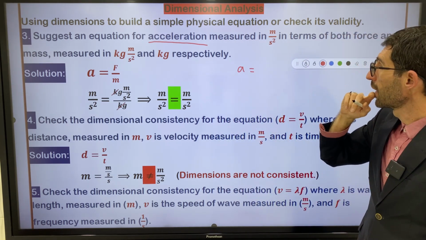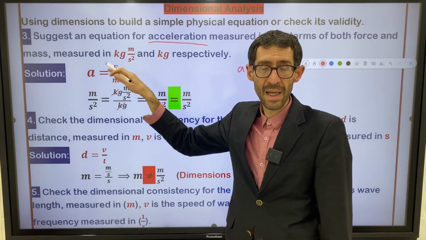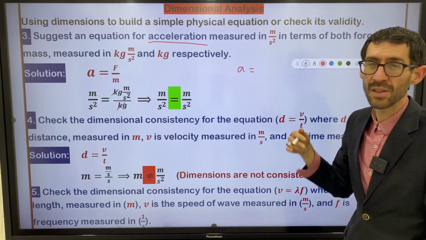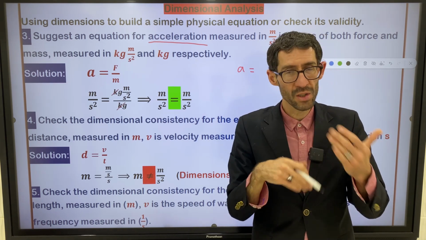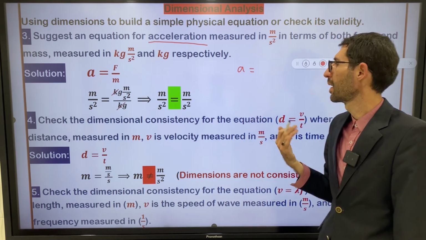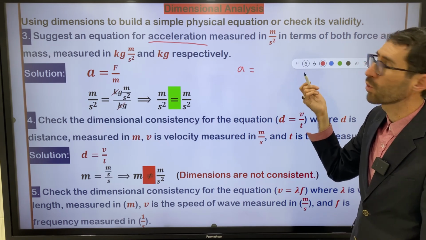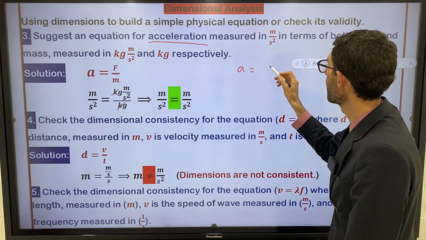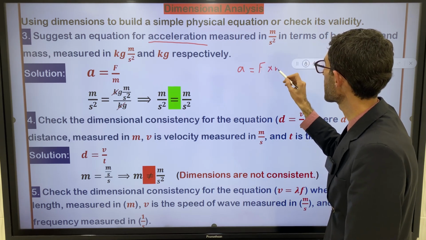Don't look at the answer. Let me try a wrong trial. I want to try a wrong trial. I know the answer, but I want to explain it for you. For example, I say acceleration is found by what? It's found by multiplication of force and mass.